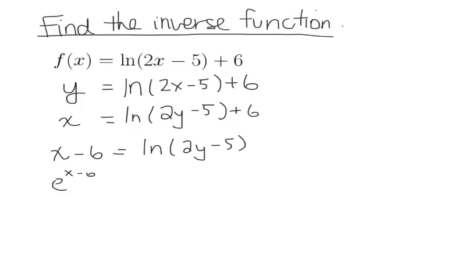That's going to give us e to the x minus 6 is equal to e to the natural log of 2y minus 5. And since the natural log and the natural exponential are inverses of each other, these two actions are going to undo each other. And on the right-hand side, I'm going to be left with 2y minus 5.